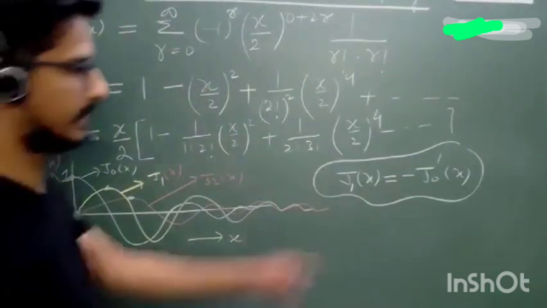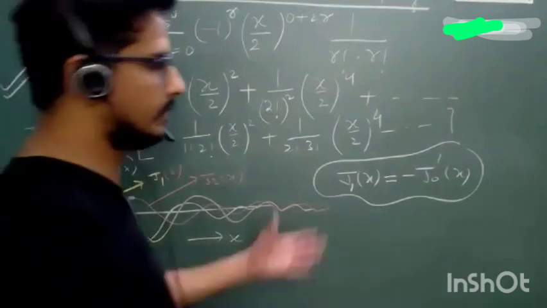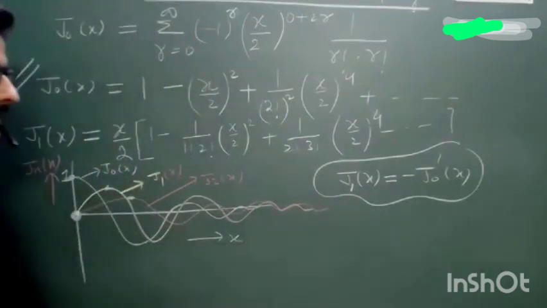This is a very important property: J1 of x is equal to minus J0 dash x. And two values are very popular in this.